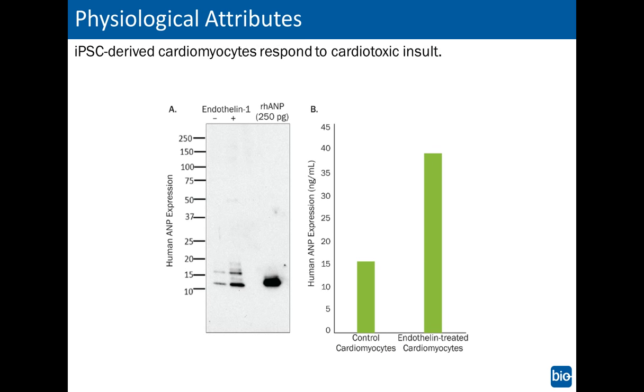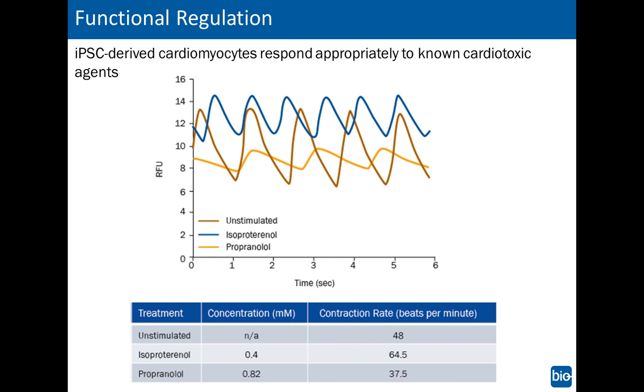In addition to beat rate, also looking at whether these cardiomyocytes can respond to known cardiotoxic insult. So in this instance here, using endothelin-1 exposure as a model for cardiac hypertrophy, and showing that iPS-derived cardiomyocytes here on the right graph, when exposed to endothelin-1, increase their expression of human ANP as expected. And then last, really looking to see if these cardiomyocytes will respond appropriately to known perturbations or cardiotoxic agents.